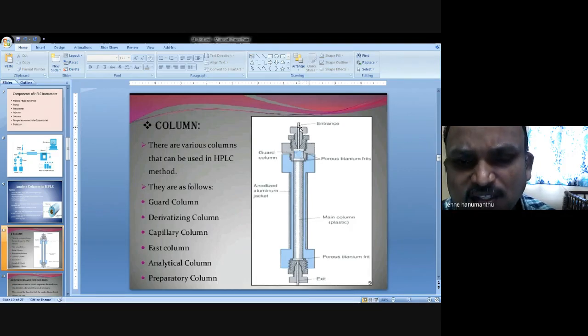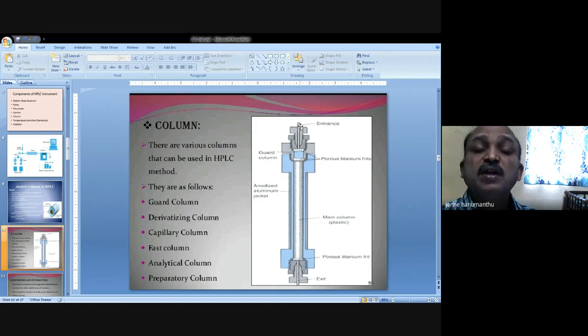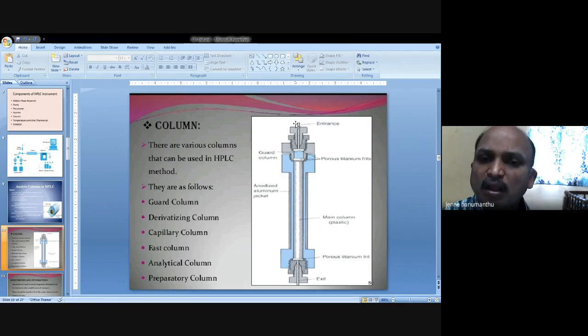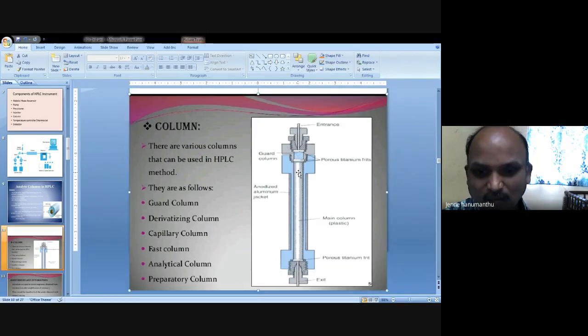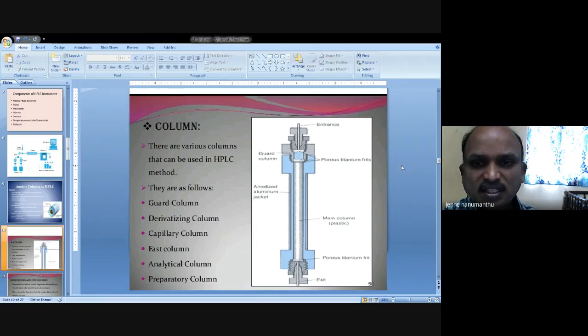Through the entrance, the unknown sample goes along with the gas or along with the liquid. Suppose it is gas chromatography, the gas and unknown sample enter the column. If it is liquid chromatography, the liquid along with the unknown sample enters the column. And here it exits, is detected by the detector, followed by a recorder.